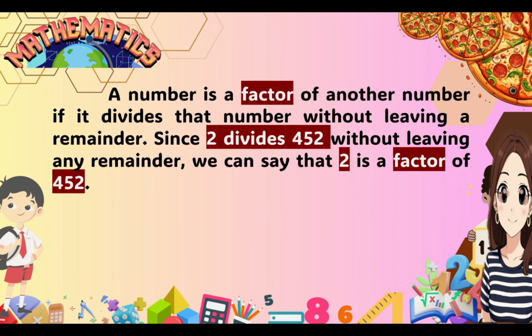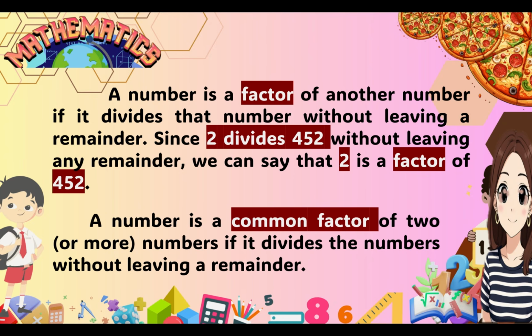A number is a factor of another number if it divides that number without leaving a remainder. Since 2 divides 452 without leaving any remainder, we can say that 2 is a factor of 452. A number is a common factor of 2 or more numbers if it divides the numbers without leaving a remainder.